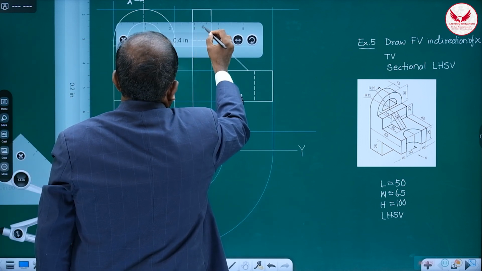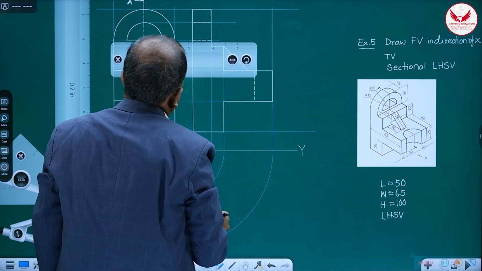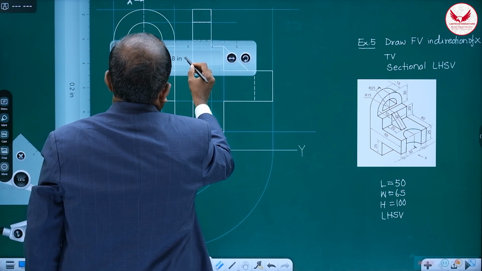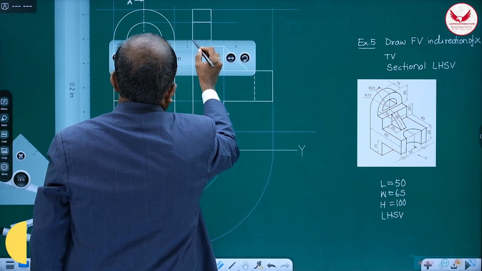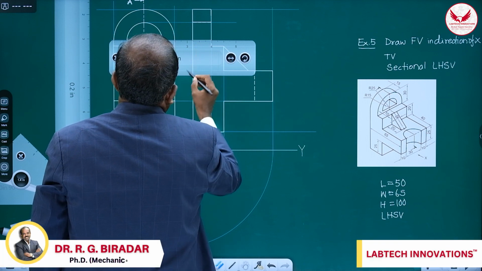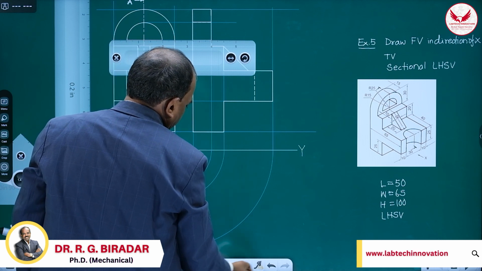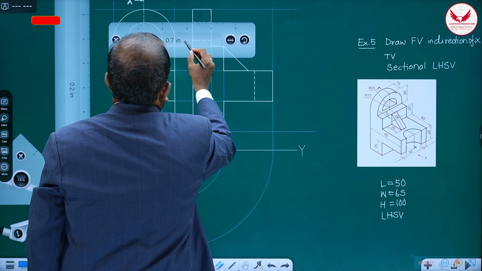So we can make it dark like this. Similarly, this edge is also being cut, so we can make this dark like this, correct? So that upper portion, it's not matching.